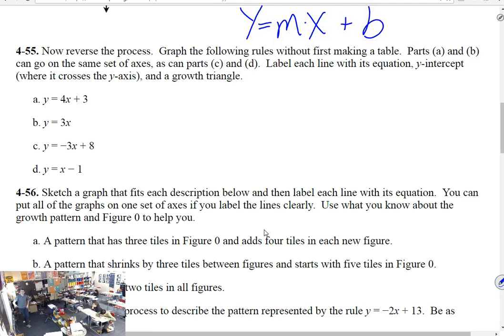M is slope. So y equals the slope times the x, plus, or it could be written as minus. Date today, 22nd.